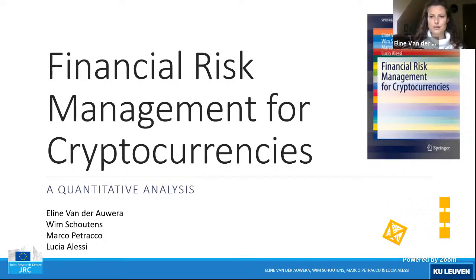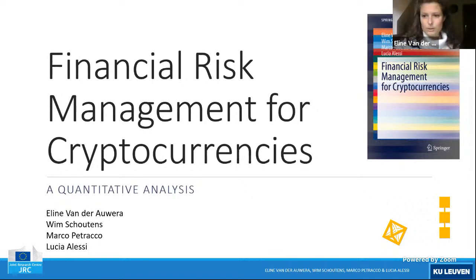So the whole book is a rather broad overview of all the financial risks in cryptocurrencies, going from qualitative risk to quantitative risk to portfolio management and a little bit more of a broad analysis. But as I mentioned today, we are going to focus on the quantitative aspects of the risks.